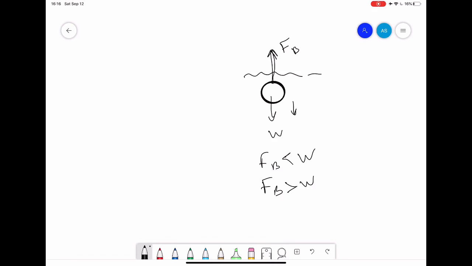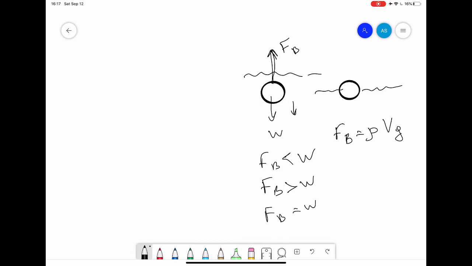If the buoyant force is equal to the weight, then the object will just float on the surface of the water. Generally we have a formula for the buoyant force, which is the density of the liquid, times the volume of the object immersed in the water, multiplied by the gravitational constant g.